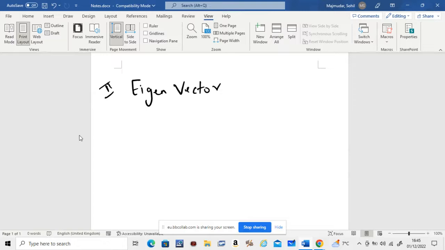Okay, to find the eigenvector, what we need to do is, for each lambda that we got, so say lambda equals 1, we have to solve the equation AX equals lambda X. So in place of lambda, you plug in 1, where X is the eigenvector. Now, since this is a 2 by 2 matrix, X will be column vector x1, x2.